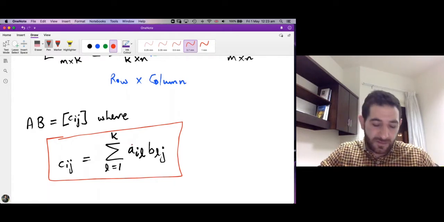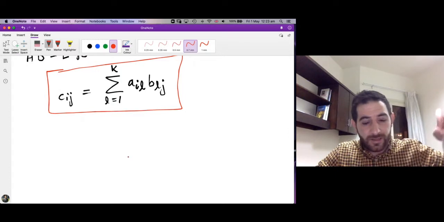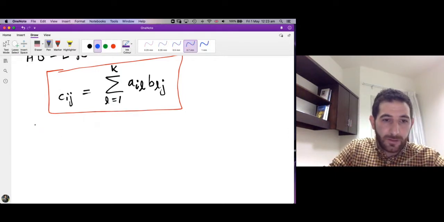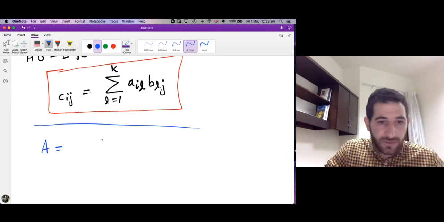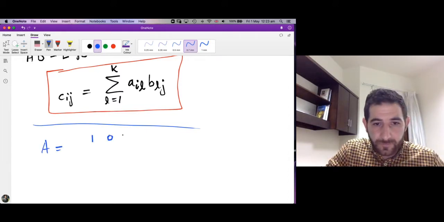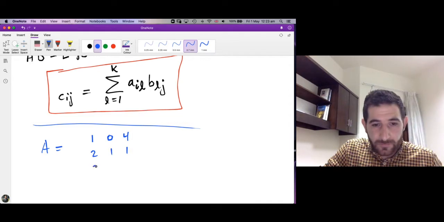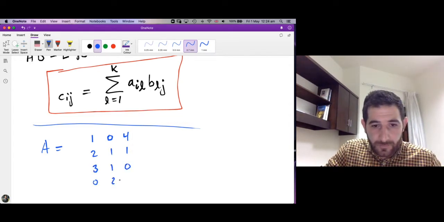Okay, maybe it's complicated with this formula. Let's do an example to get a clear picture. So now, example. Suppose A is the matrix whose rows are 1, 0, 4, and then 2, 1, 1, and then 3, 1, 0, and the final row is 0, 2, 2.